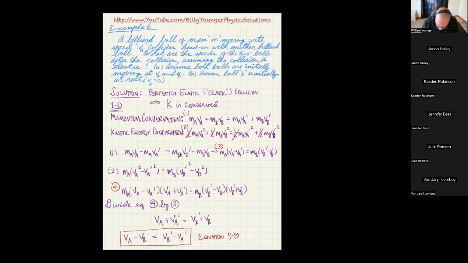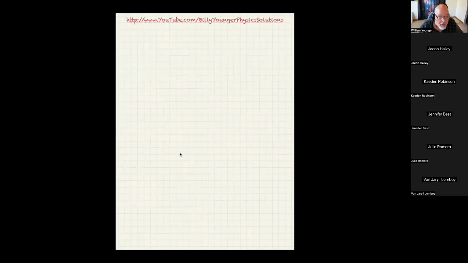So we can look at this and say, all right, well, we know since the billiard balls are all the same, MA, actually, let me write this in a different color. MA is equal to MB implies we just get VA plus VB is equal to VA prime plus VB prime.